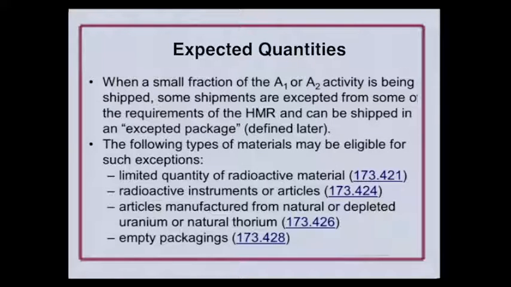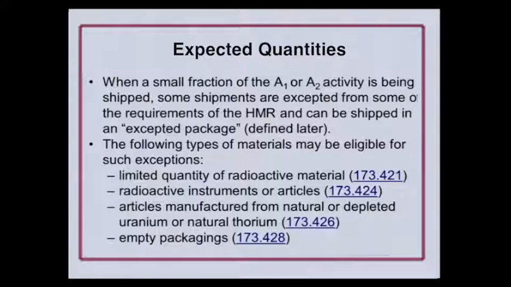This one includes things like smoke detectors, relatively low radiological impact, radiological dose rates and contamination levels extremely low, and really no direct hazard. However, they are still radioactive material and have to have some level of control, so they're shipped as an accepted quantity in an accepted package with specific requirements.